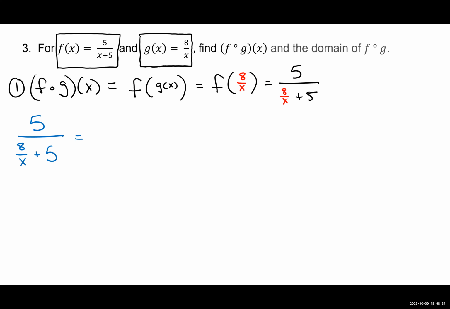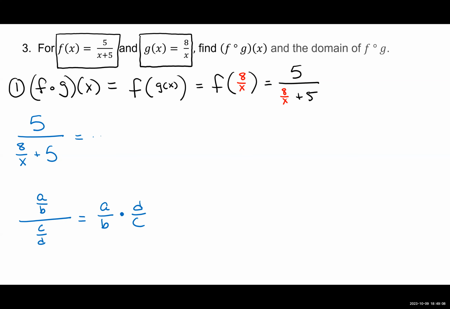What I want is one fraction over one fraction. Because if you have one fraction over one fraction, with no pluses, no minuses, then you can rewrite that as keep, change, flip. You could take division and rewrite it as multiplication, but that only works if you have a single fraction on top and a single fraction on the bottom.